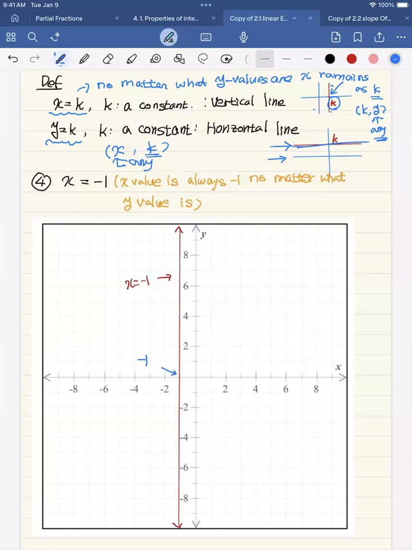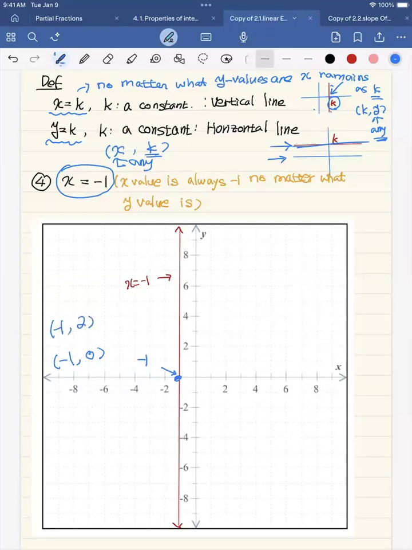So if we have x is -1 here, and I said 2 points on the plane will uniquely determine a straight line. So what I thought was x is -1 and 0, and I said y can be any number.